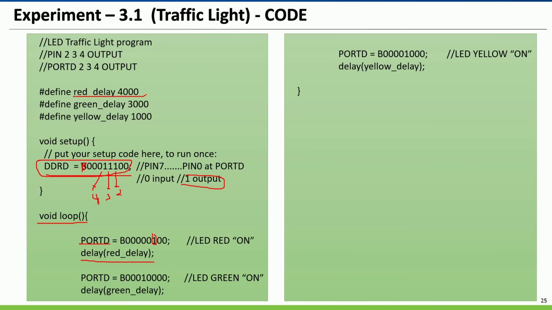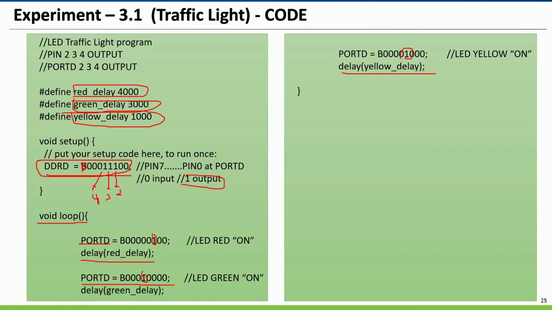Set delay for red, green, and yellow: 1 second, 3 seconds, 4 seconds. And this one for green on, LED set in here, binary number, and this one set yellow. Yellow is pin 3 on, and then delay.